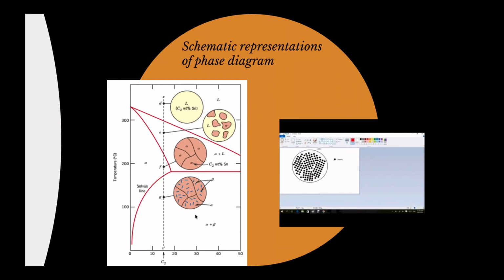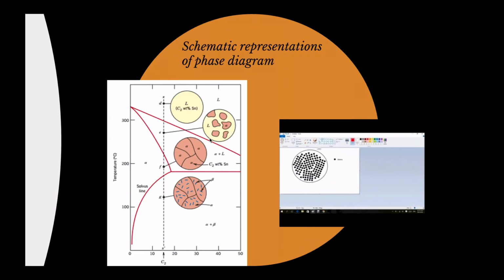From the phase diagram, we can control which phase we want to produce and how much alpha in comparison with beta we need, which one is considered stronger, or maybe another property, more ductile, more tough, if it is metal.